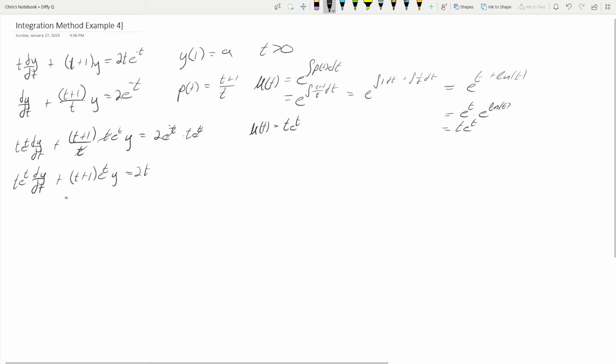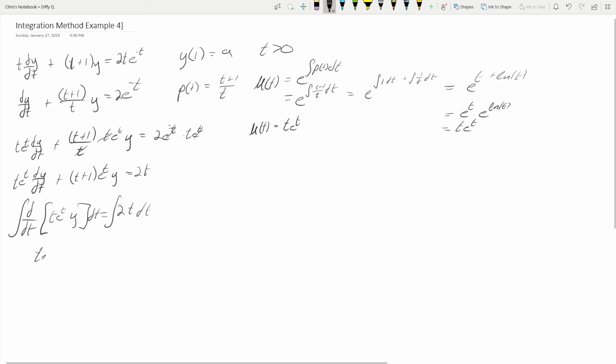Okay, and from before we know this whole left side is equal to the derivative of mu of t times y, which is t e to the t times y. It's equal to 2t, so we're going to integrate both sides with respect to t.